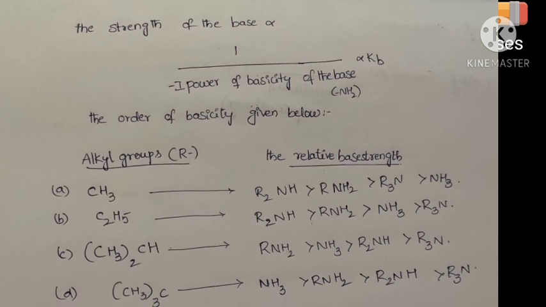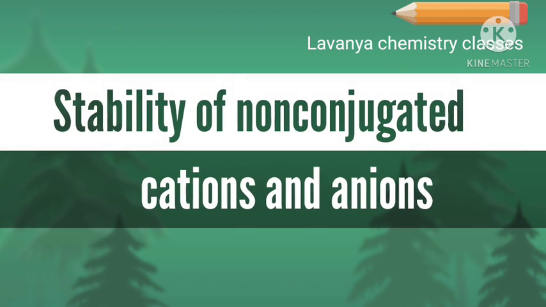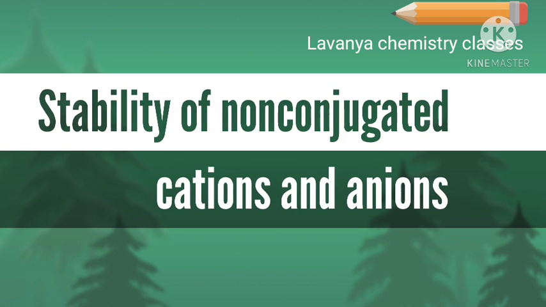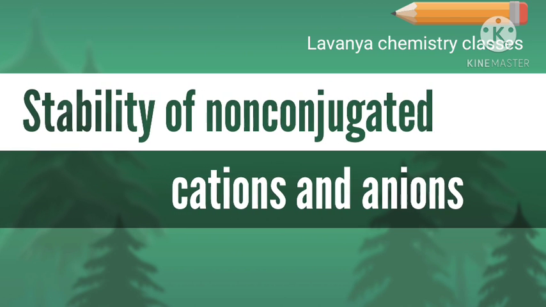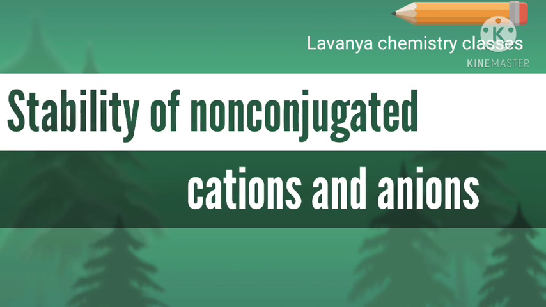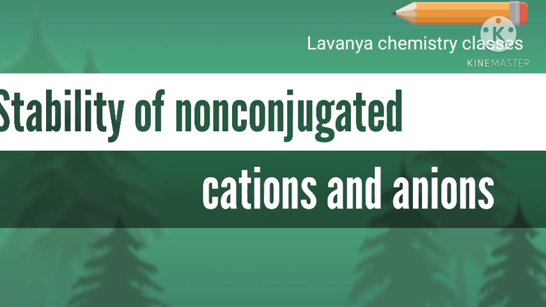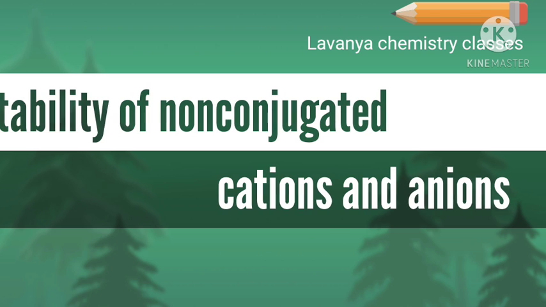And the fourth one is stability of non-conjugated cations and anions. The fourth application of inductive effect is the stability of non-conjugated cations and anions. The stability will be compared by the following rules.